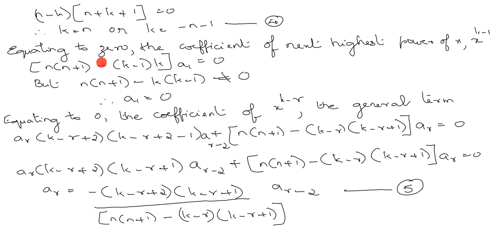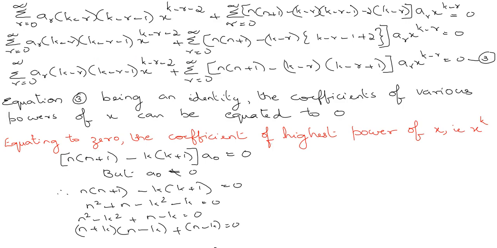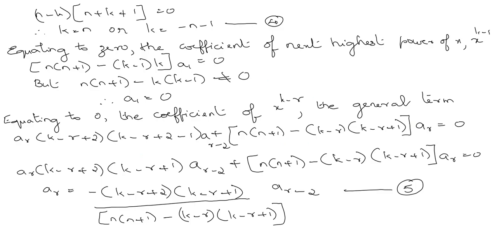Now equating to 0 the coefficient of the next highest power of x, which is x raised to k minus 1, in order to obtain k minus 1 we have to put r is equal to 1 in the second term of equation number 3, and we will be getting n into (n plus 1) minus (k minus 1) into k, the whole thing into a1 is equal to 0.